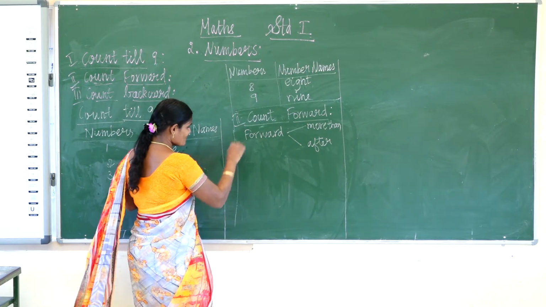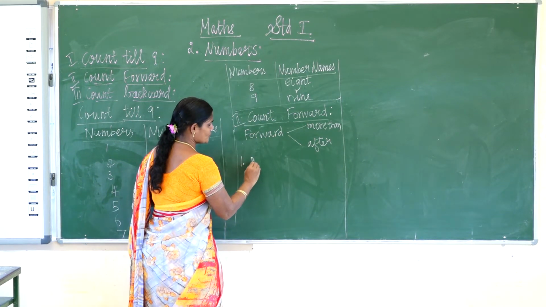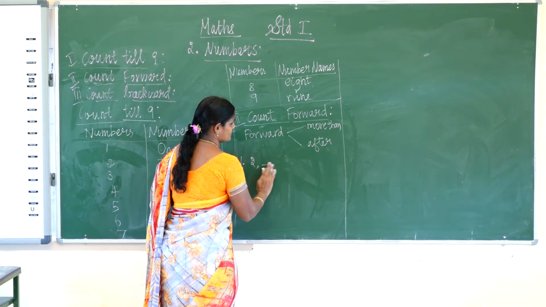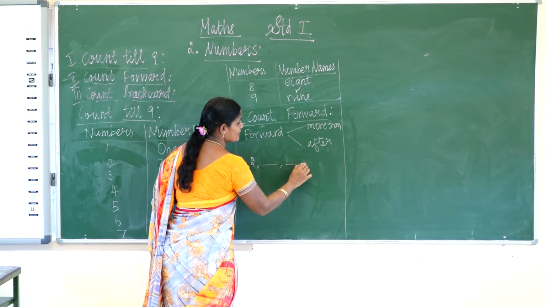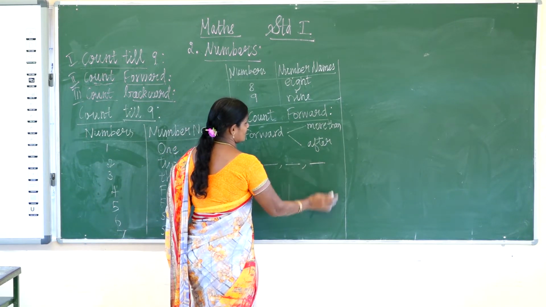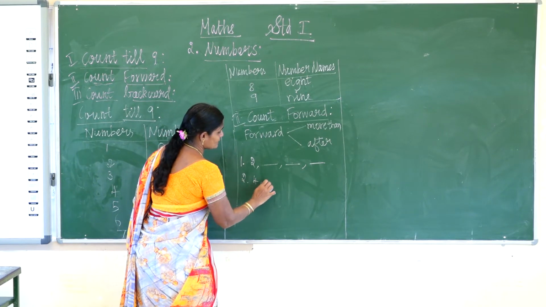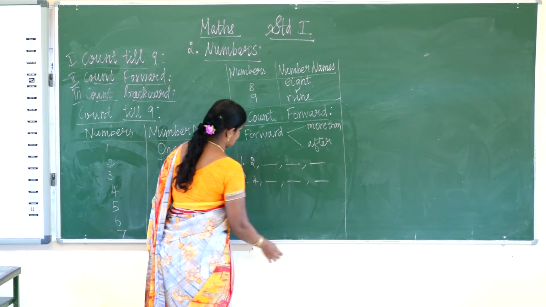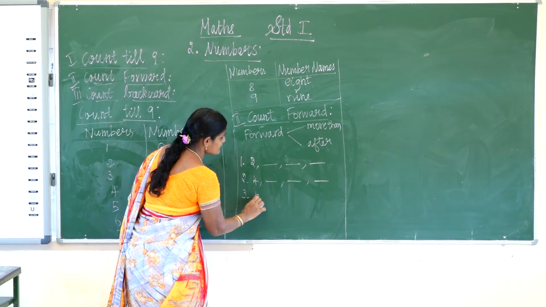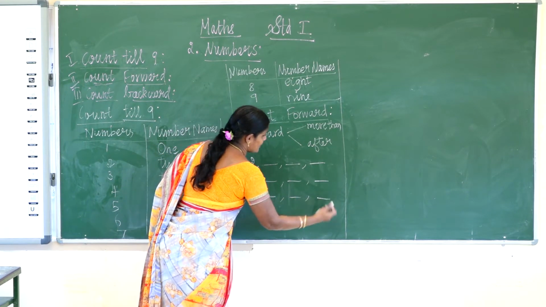So first one, 2, comma, dash, comma, dash, comma, dash. Second one, 4. Then third one, 6, comma, dash, comma, dash.